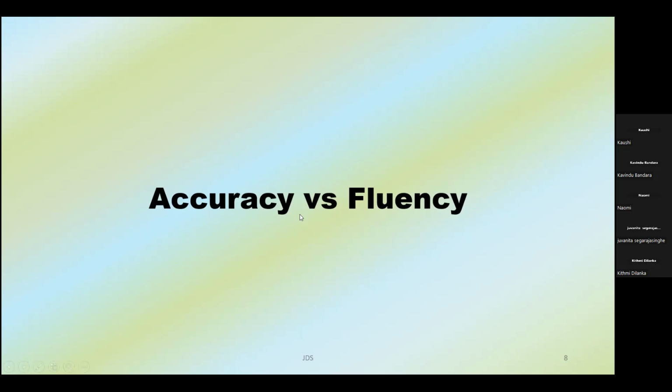Right. So now that can be one strand of fluency, when you try to give marks for fluency. That can be considered as one part of it.